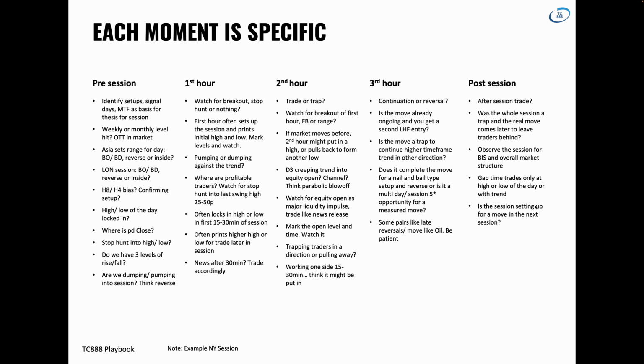And then, is the session a setup for the move in the next session? It might be that the whole thing is a trap and they just go sideways out of London into New York, and then the next session brings the real trade. Or sometimes New York is just a setup for a London trade the next day. So always step back and think about these things.